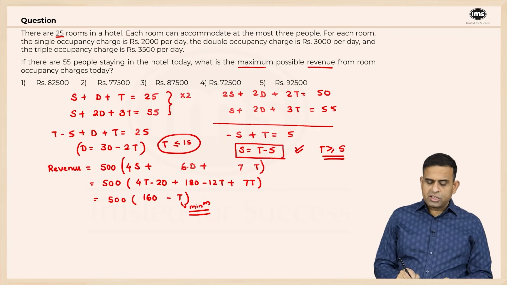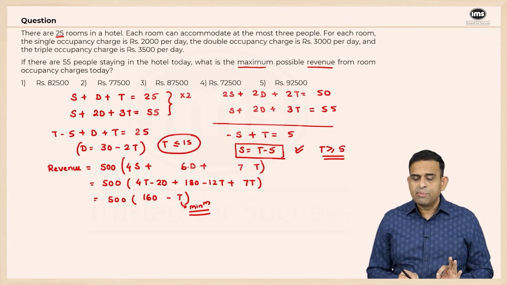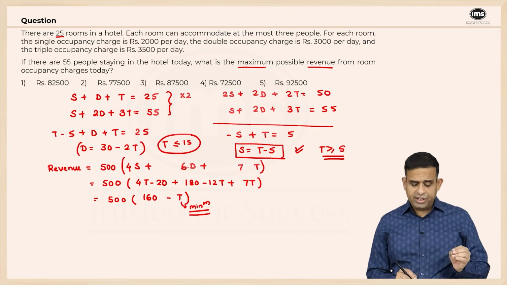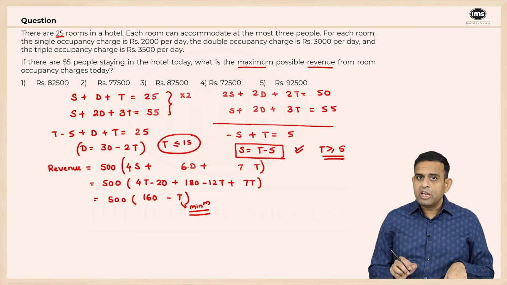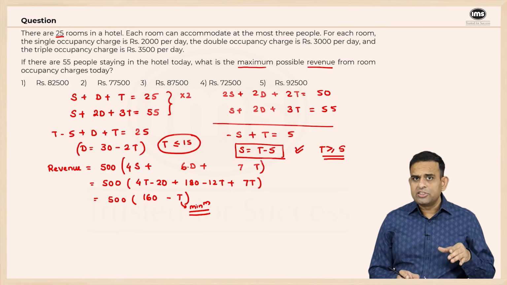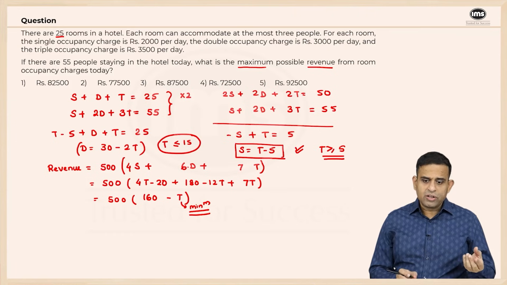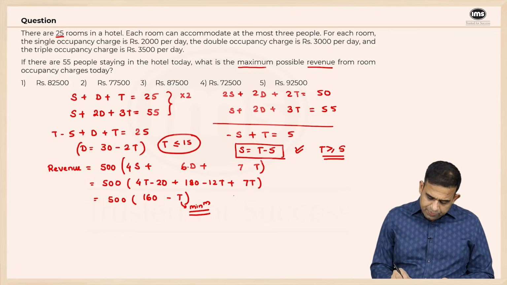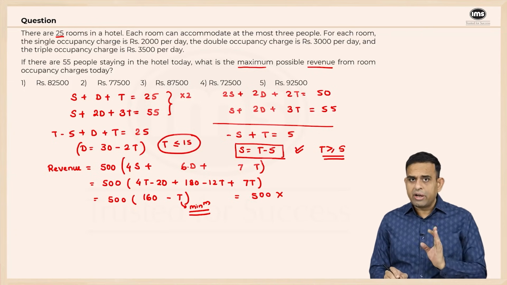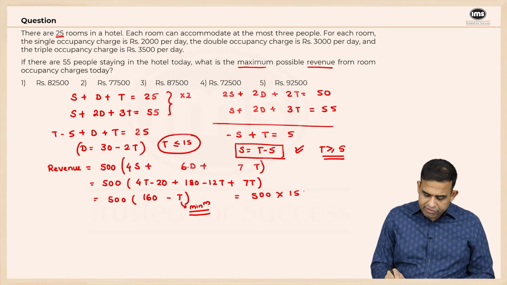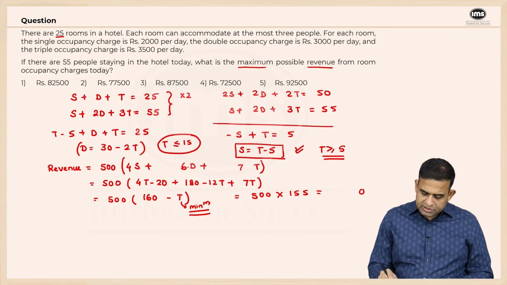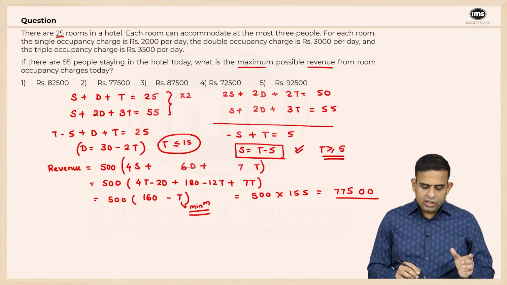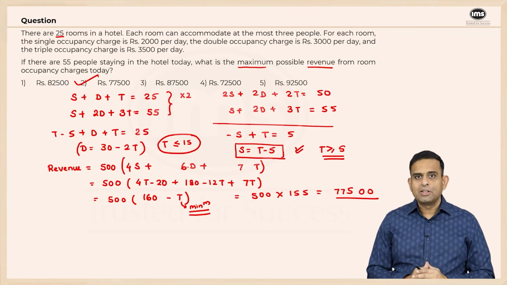So we want to minimize the value of T such that revenue becomes maximum. So if someone puts T equal to 5 over here, you get 500 times of 160 minus 5, which becomes 155, and if someone simplifies this, it comes out to be 77500. Hence option number 2 is the required answer for this question.